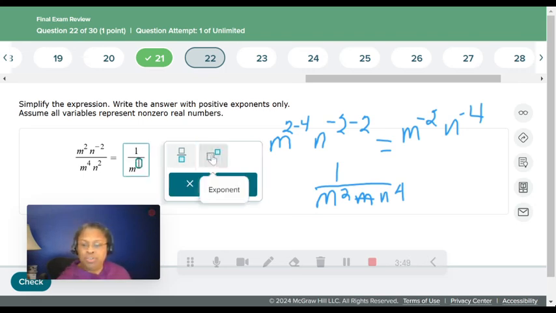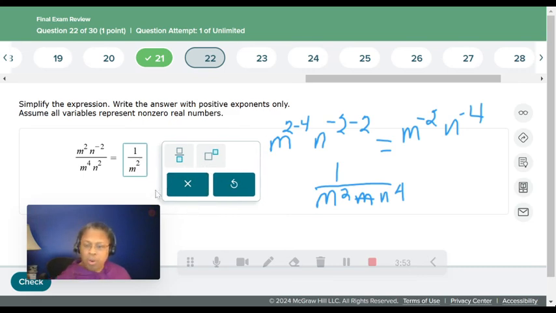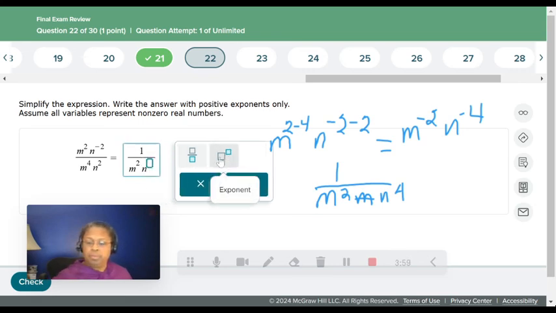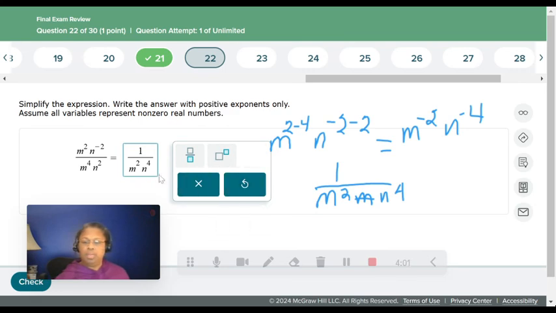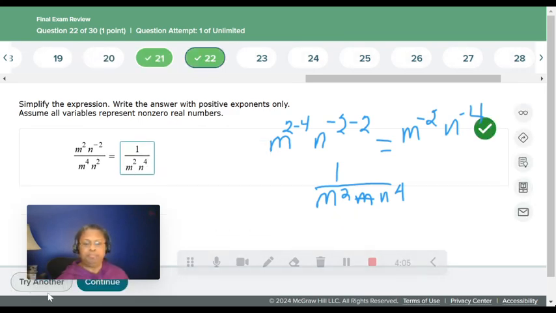So make sure you click on the right buttons, and check your work, because that's an easy mistake to make. Excellent.